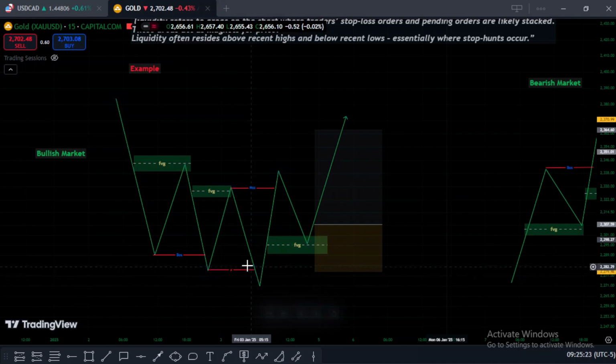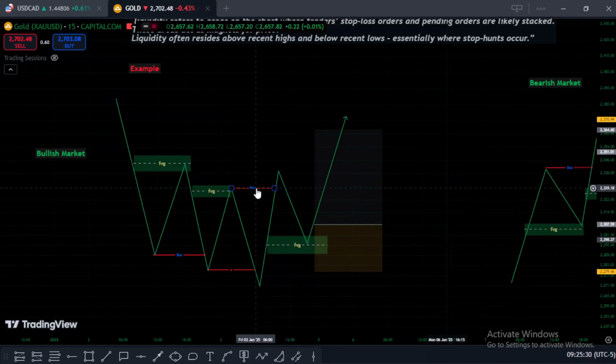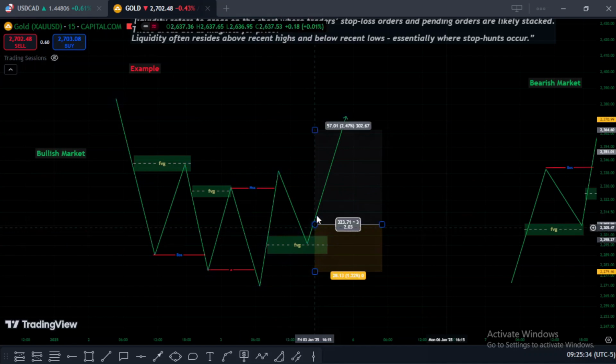Now this is where the liquidity sweep occurs, and then a market structure shift over here. Price comes back for the bullish fair value gap, respects it, and then expands to the upside. Now this is where you enter your buy position.